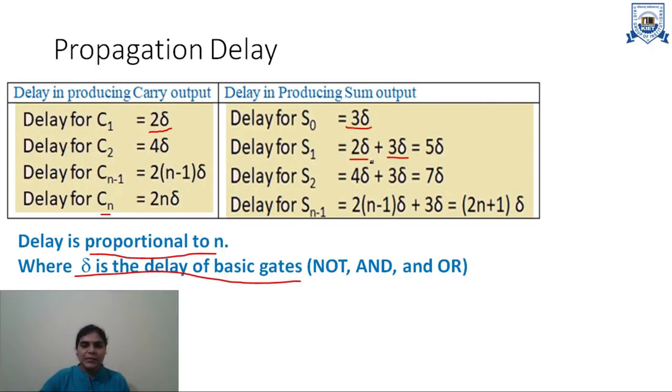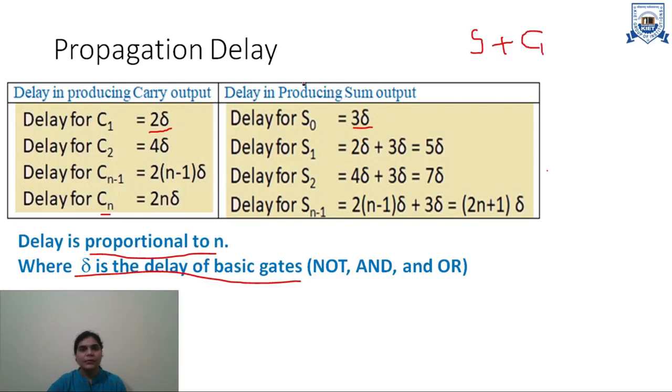Next, as we have seen, C1 will be generated after 2 delta, so S1 will be generated after addition of x1, y1 plus C1. Now we look at the delay for sum. As we have seen in the previous circuit diagram of the full adder, the sum will take 3 delta delay to be produced. Now the delay for S1 will be the sum delay plus the delay of carry 1.